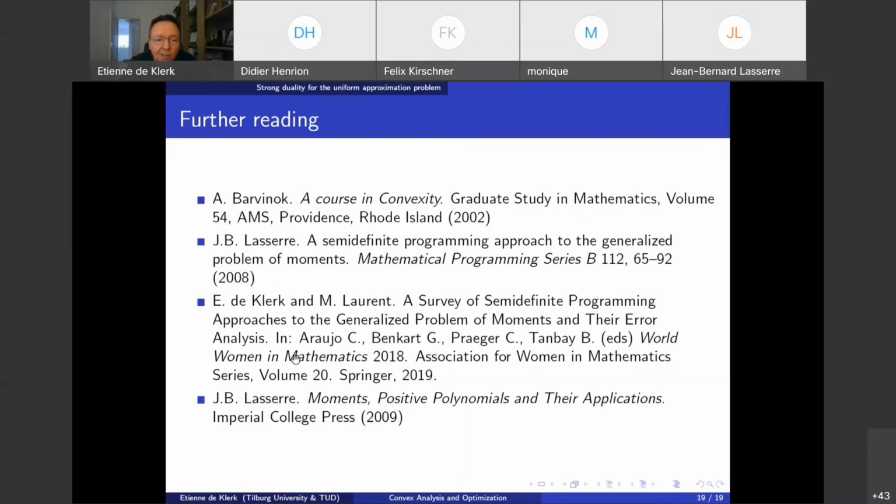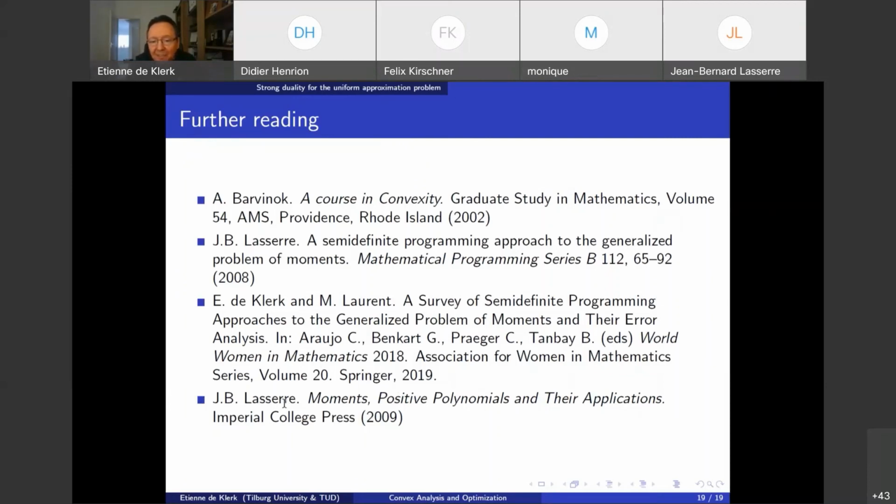Monique Laurent and myself have a survey of these SDP approaches to the generalized problem of moments in this volume. And then, of course, Jean Bernard also has a couple of books specifically dealing with these generalized problems of moments and their applications.